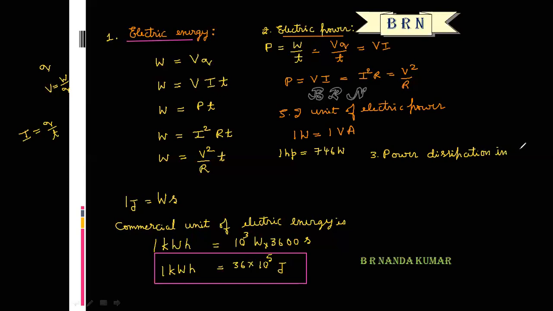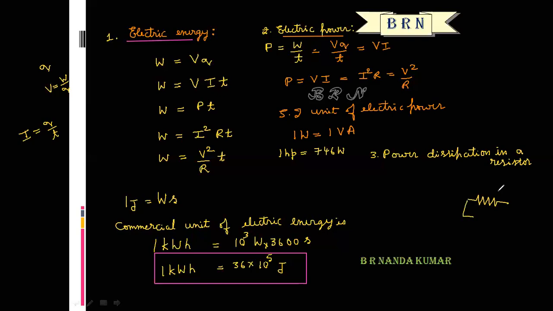Power dissipation in a resistor is equal to the electrical energy spent per second in the resistor. It is very simple.